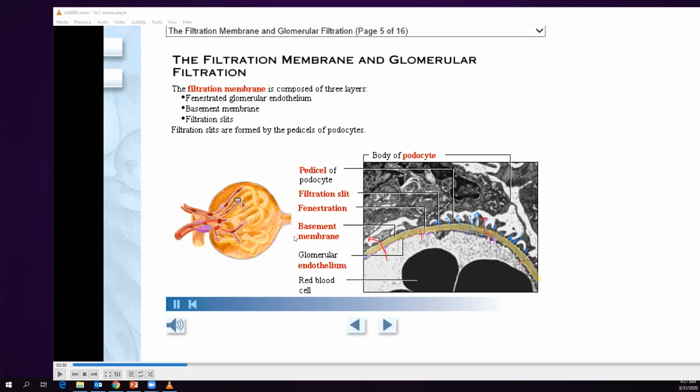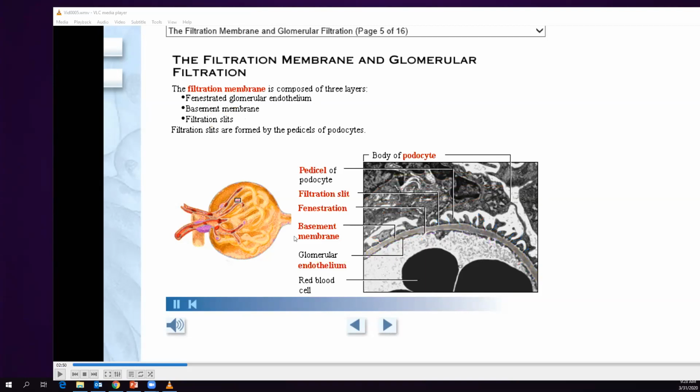Here's a better one. And then out through a filtration slit. So fenestration, basement membrane, filtration slits is the order of the passage of the material as it leaves the glomerulus and goes into the capsule. Because all of this in here is all capsular space. All of that I scribbled on.